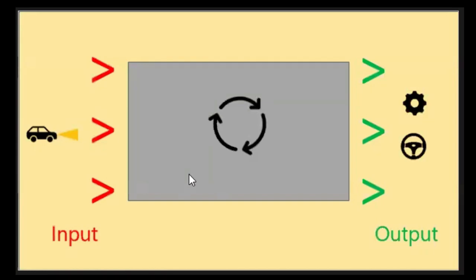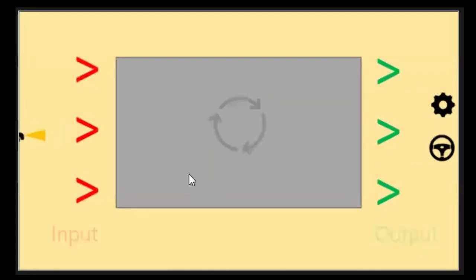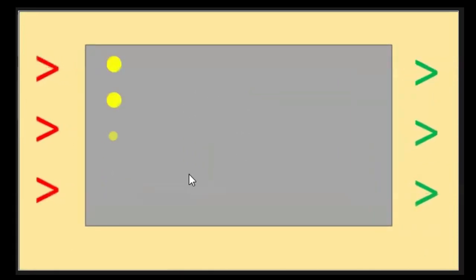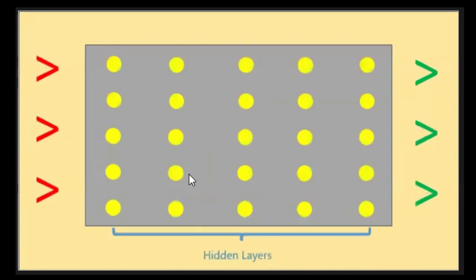There we had only one output. Here we are going to have multiple outputs. In the middle, we are going to have interconnected neurons. This input side is called the input layer.